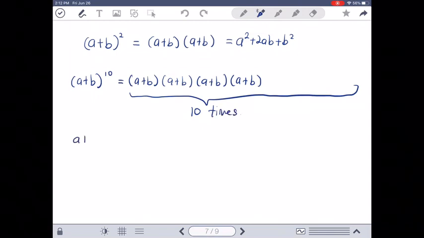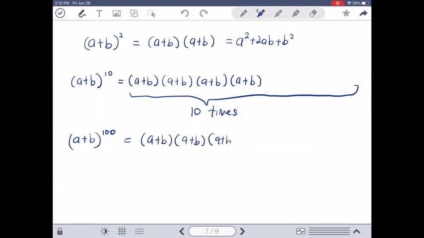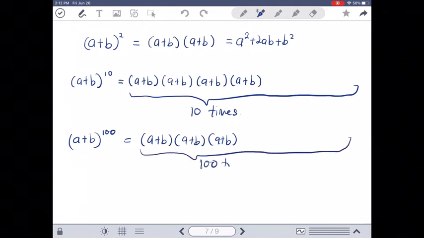Or maybe if we have (a plus b) to the power of 100, say. This is just equal to (a plus b) times (a plus b) times (a plus b), 100 times.